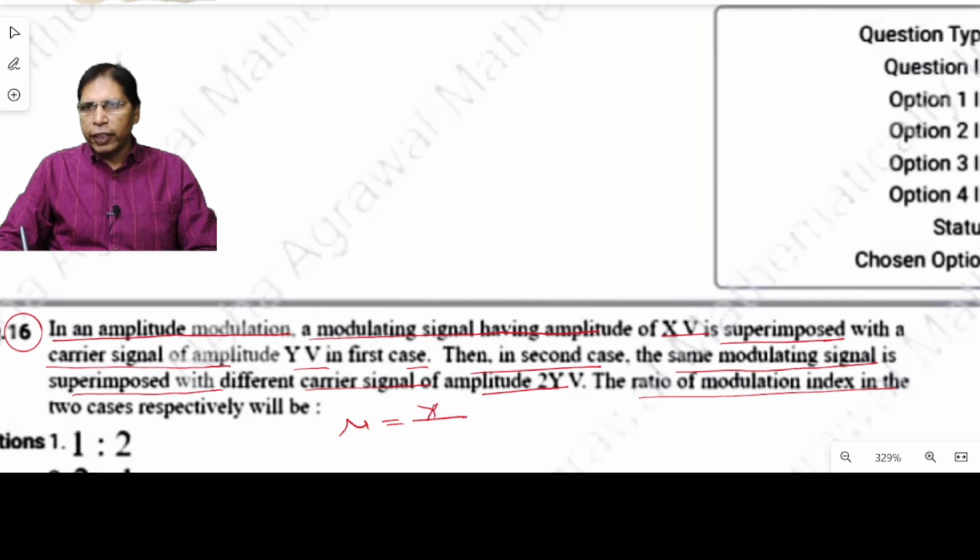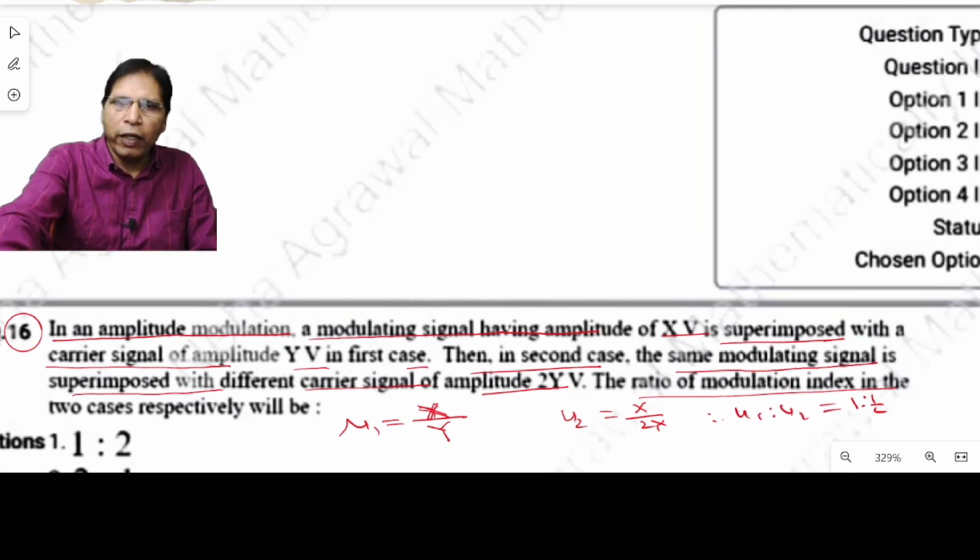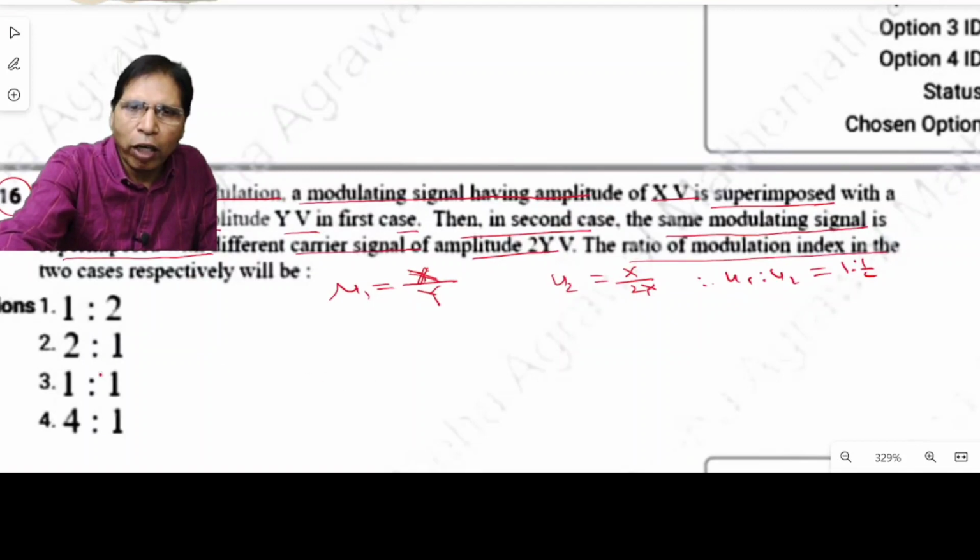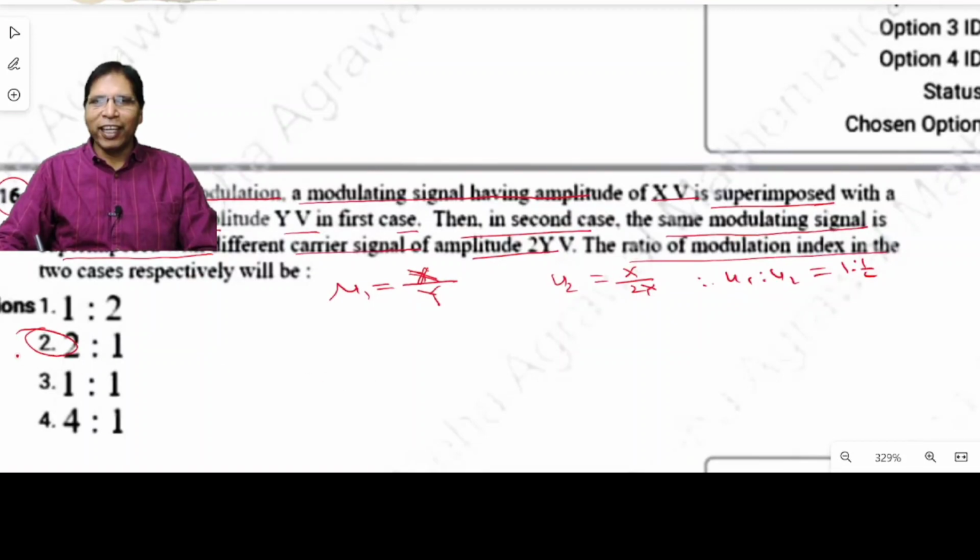So in the first case it is x by y, and in the second case it is x by 2y. The ratio mu1 to mu2 is 1 to half, so this is 2 to 1. Now what are the options? Option 2 is correct.